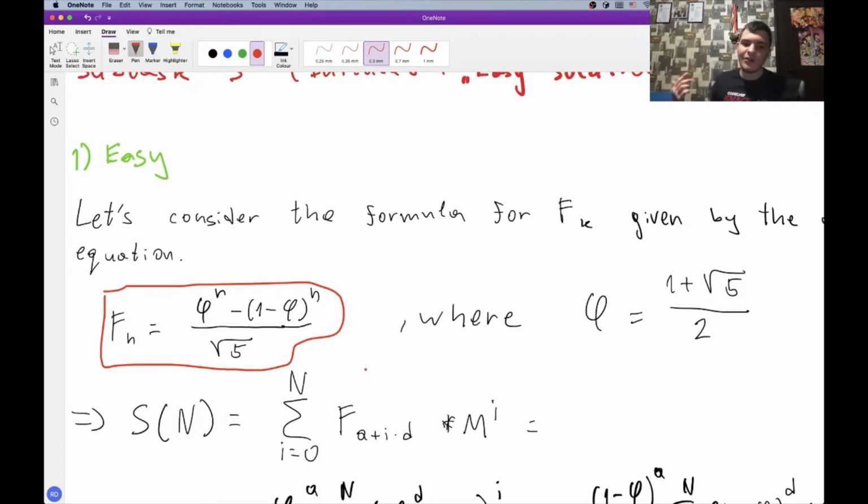However, for our modulo, we don't really have a square root of 5. So that's kind of annoying, but we'll be able to fix this issue. For now, let's just ignore it and assume that we can handle floating point numbers, and that we can easily divide or multiply by square root of 5.